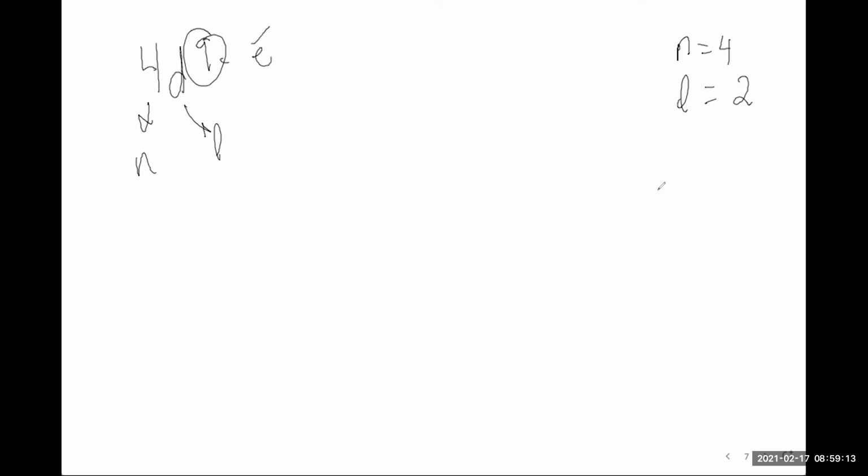So my ML would be -2, -1, 0, 1, 2. So then I need to write out my orbitals. Like that.